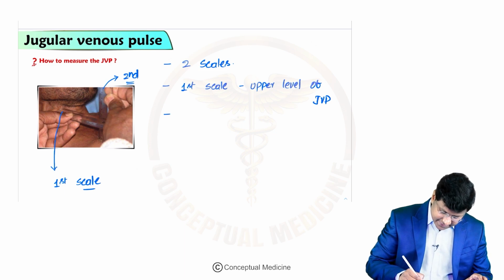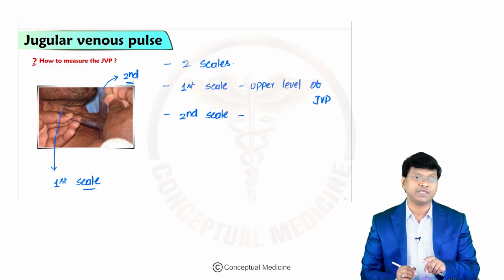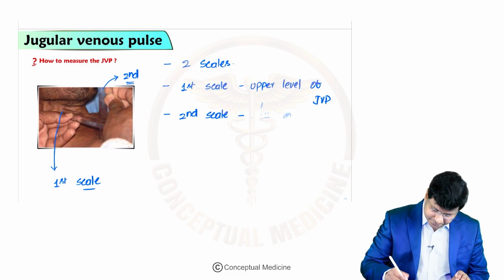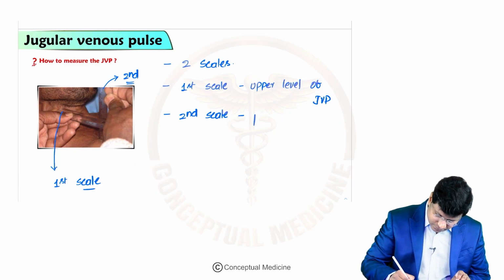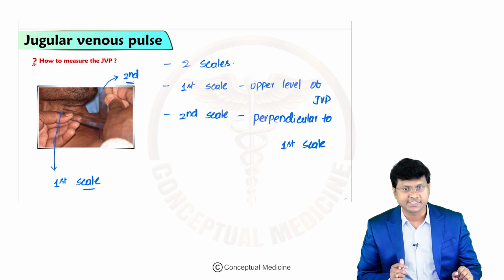The second scale you have to keep exactly perpendicular to the first scale. So this is what should be the position of the two scales.